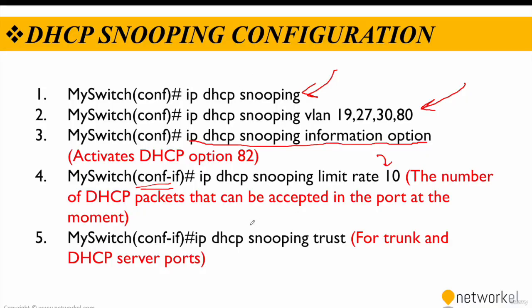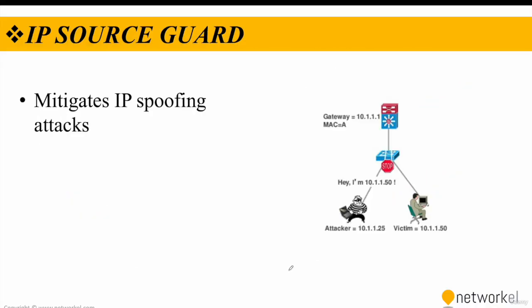And lastly, I define my trust configuration. This trust configuration should be done for the ports where a DHCP server is connected or any other trunk ports. So we have IP source guard as well.